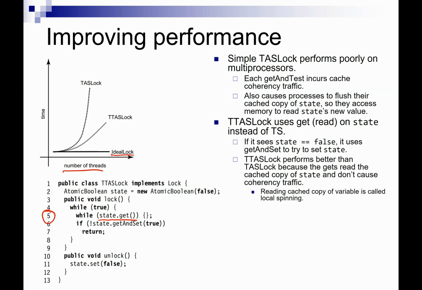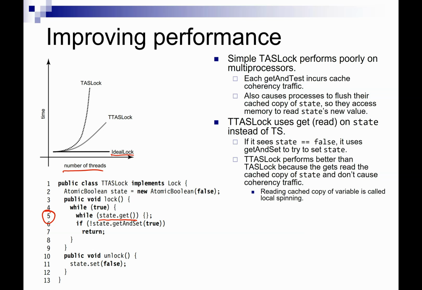However, if you repeatedly read a variable, then you can cache that variable in your cache. And as long as the read variable doesn't change value, you don't cause any additional cache coherency traffic. The get and set, whether or not the variable changes value, is always going to cause cache coherency traffic.